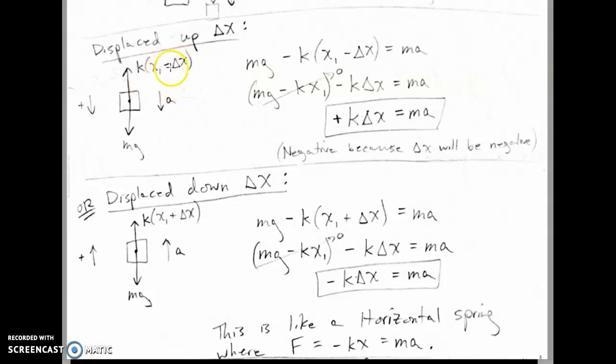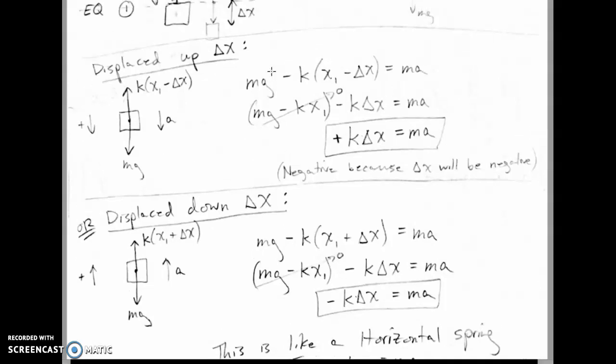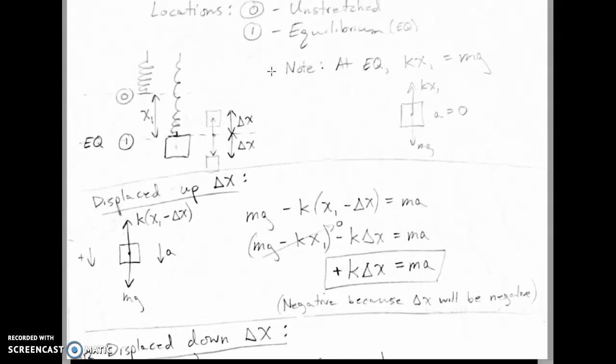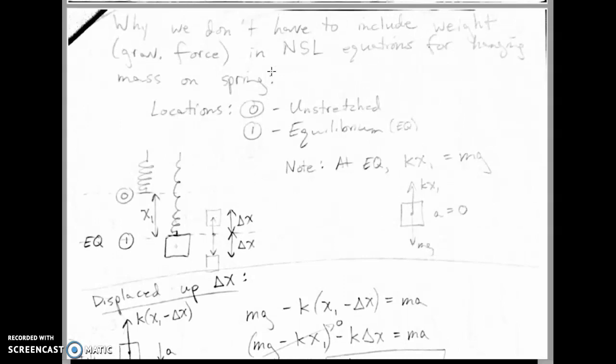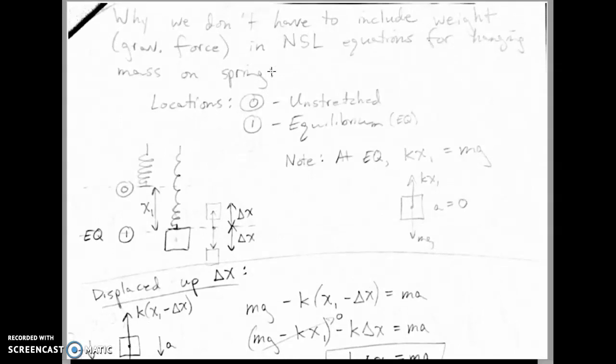So what I want to say is I'm doing this problem in a really meticulous way, starting from the unstretched length, just so that you can see that you can actually start from equilibrium and ignore mg.